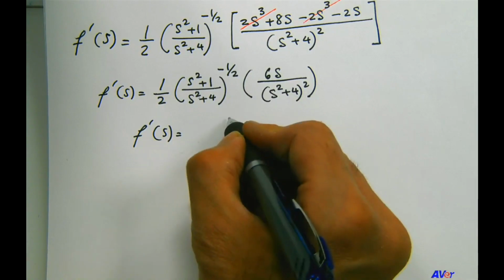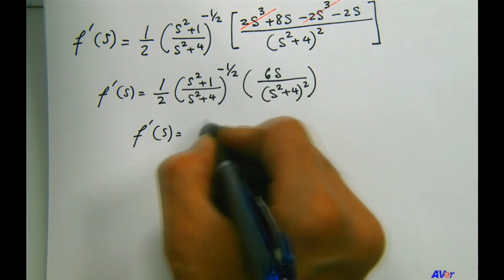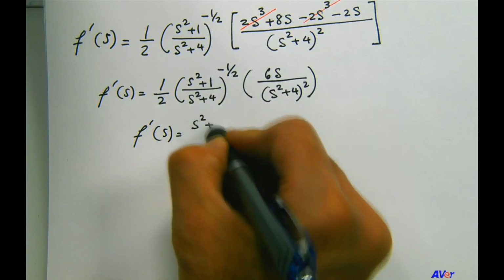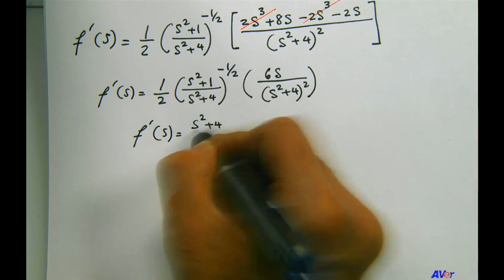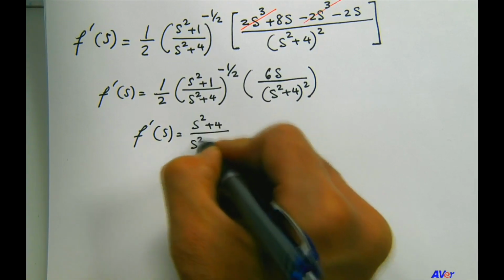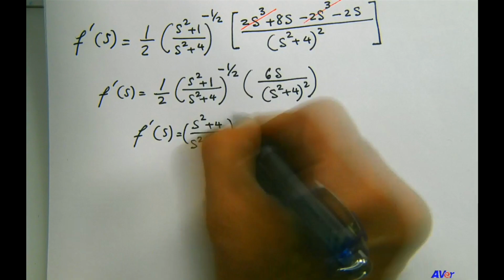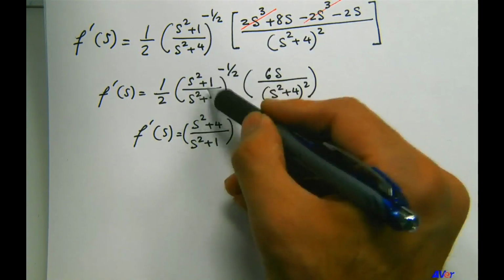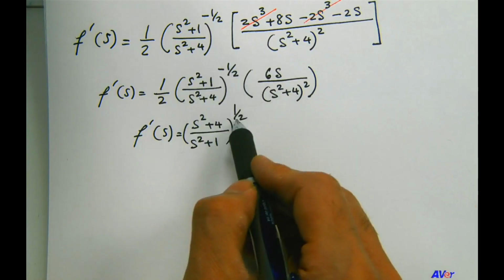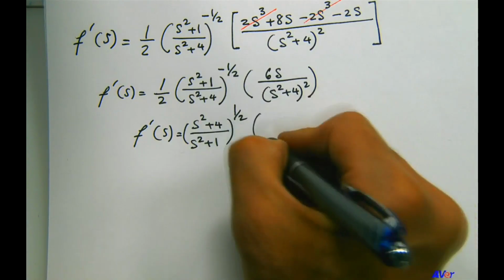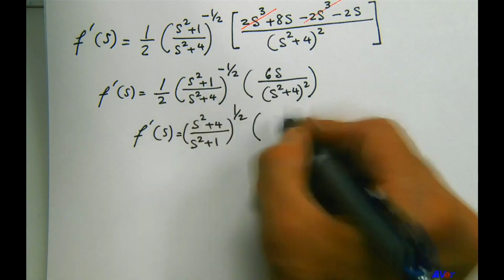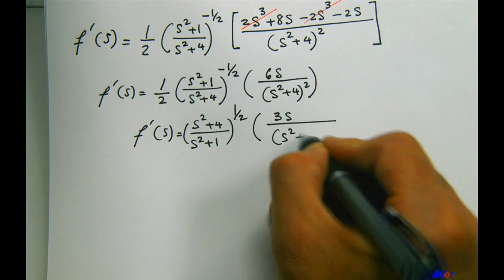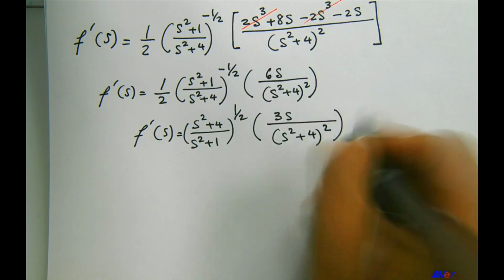So we have 3s, so s squared plus 4 divided by s squared plus 1. I flip the fraction, and that power becomes positive. Then times 6s over 2, it'll be 3s divided by s squared plus 4 squared.